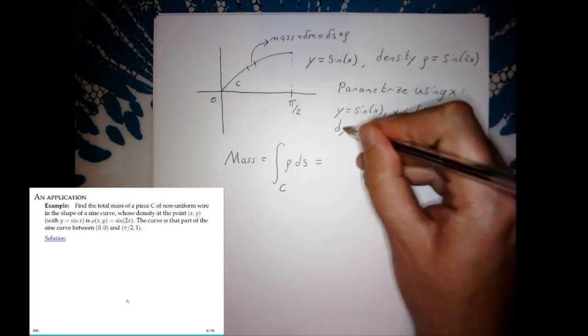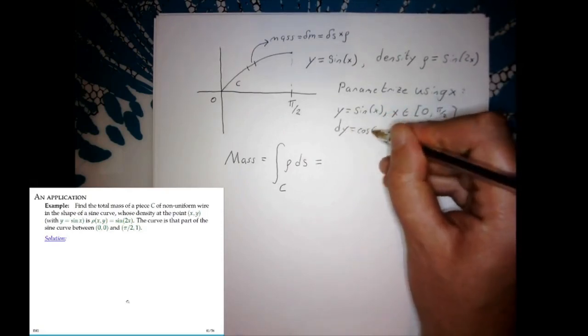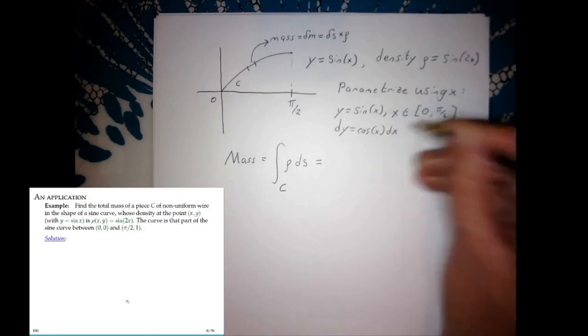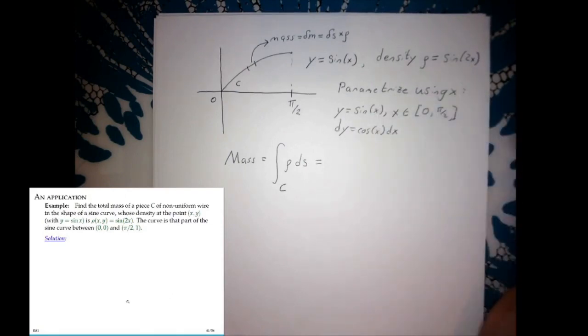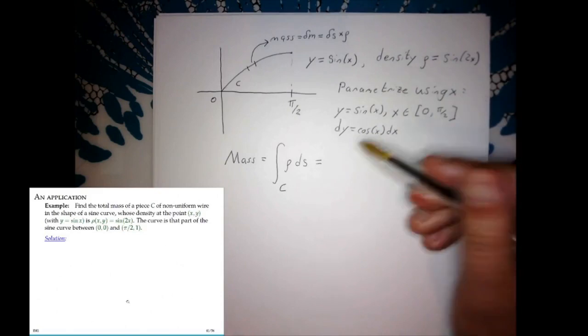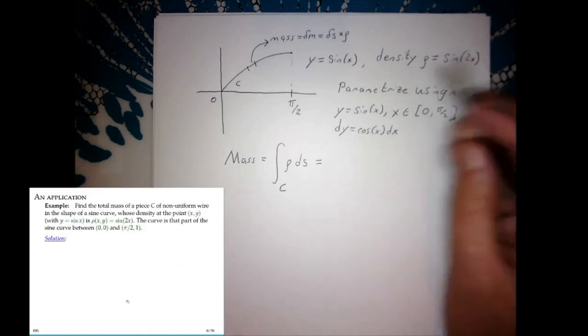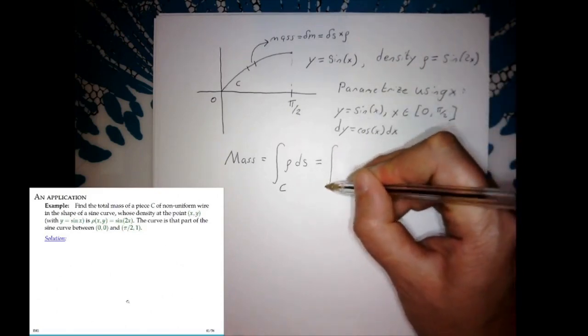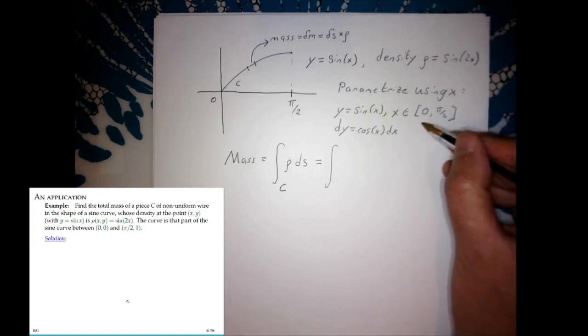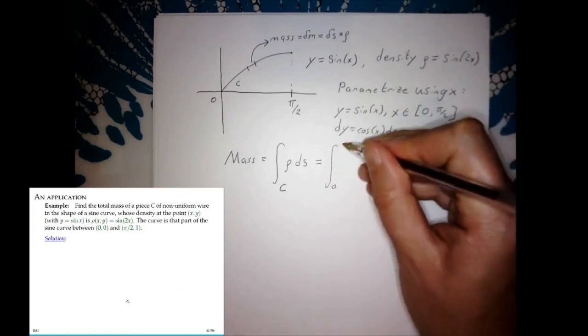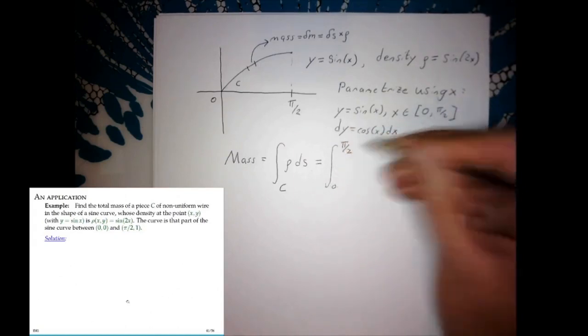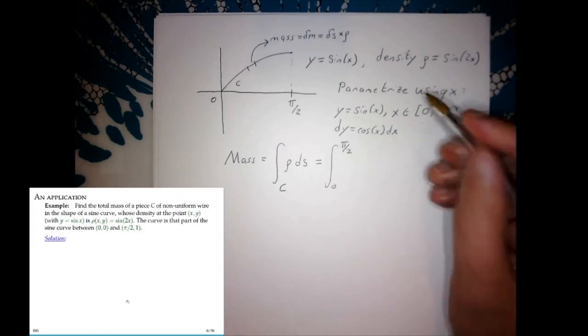dy is cosine of x dx. Okay. So now we have all the information we need to convert this line integral to a single integral. We have the integral, x goes from 0 to pi over 2, of the density rho.